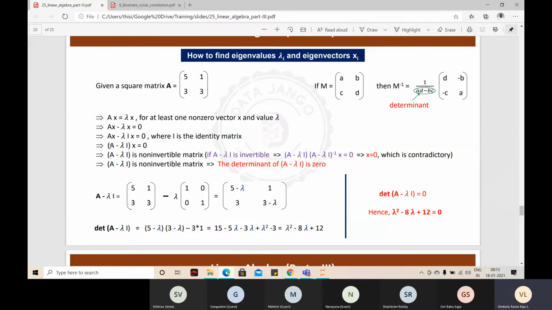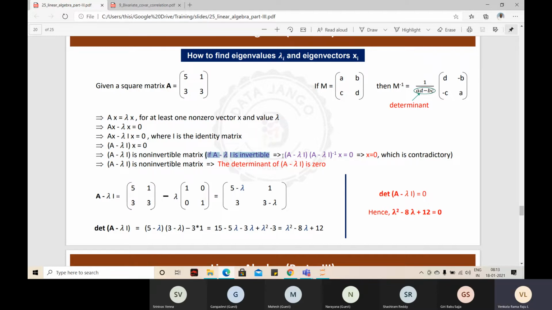Is that a matrix? The highlighted part, A minus lambda I, is that a matrix? Yes. If there is an inverse for that matrix, and if you are multiplying with the inverse on both sides, see this here, if that matrix is invertible, what happens?